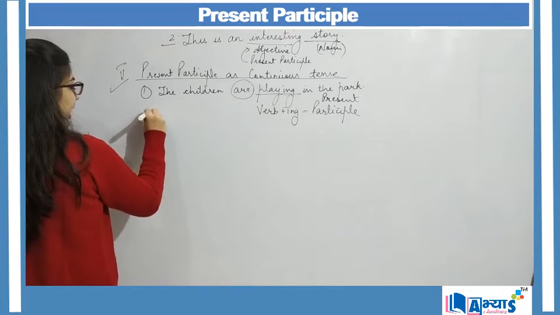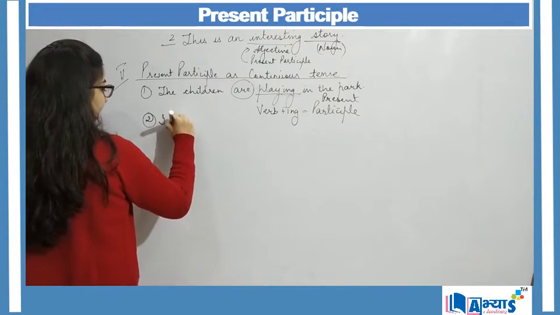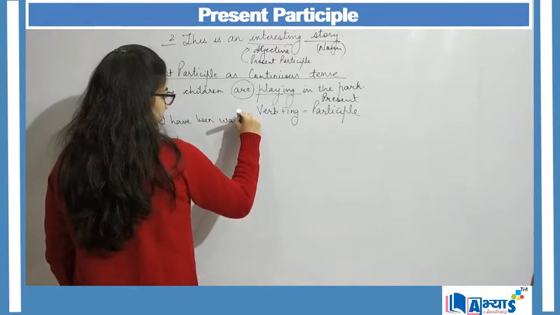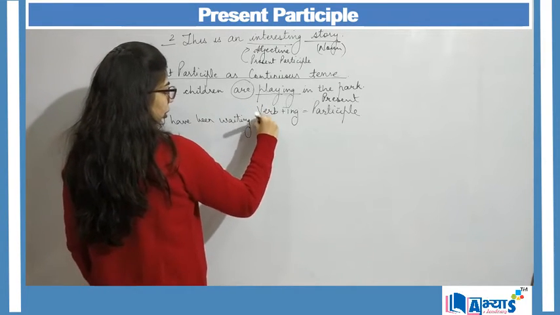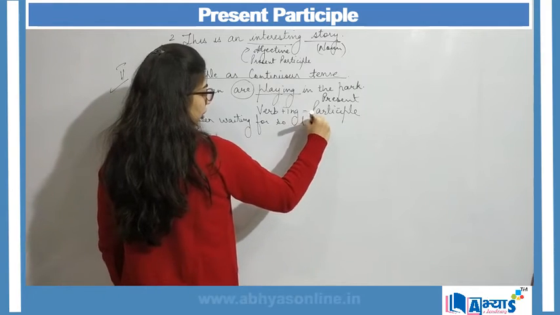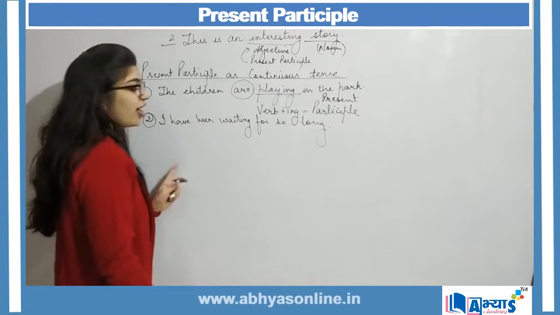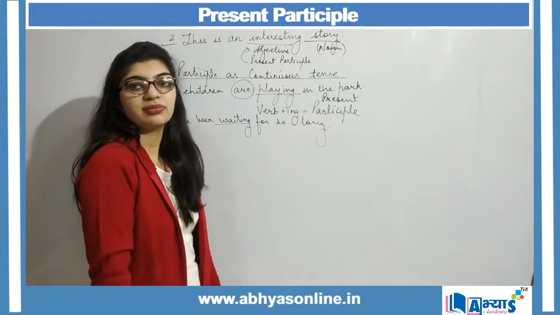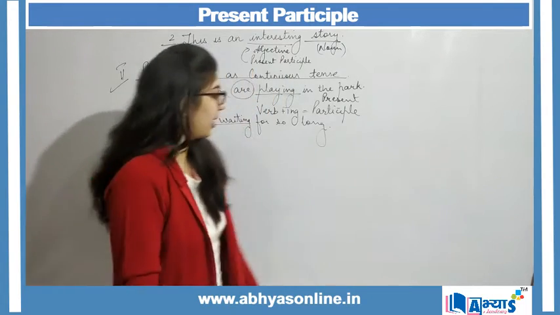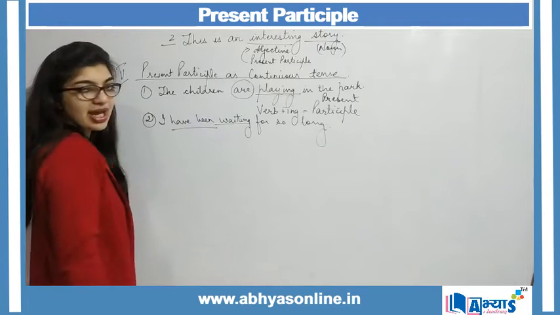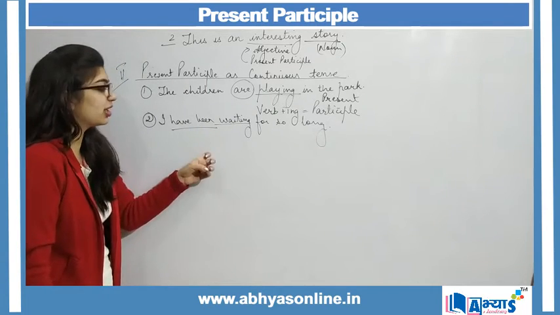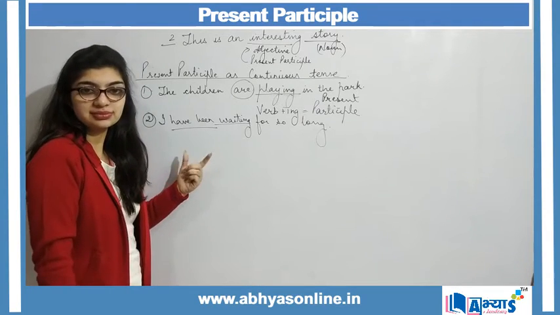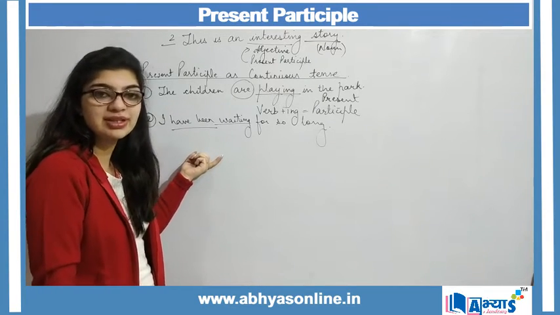Another example can be, I have been waiting for so long. Now I have been waiting for so long. Here waiting is again a continuous form, but have been is there, which means that present perfect continuous tense, because have been is used for a present perfect tense.